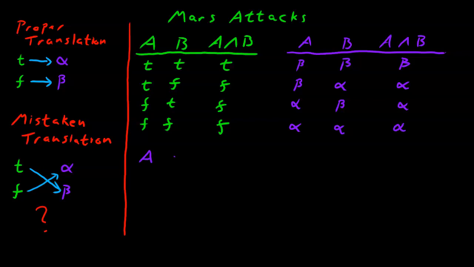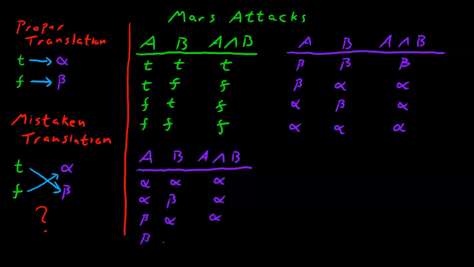Now, let's reorder this table into the order that the Martian will be familiar with. So the rows will be alpha, alpha, alpha, alpha, beta, alpha, beta, alpha, alpha, and beta, beta, beta.